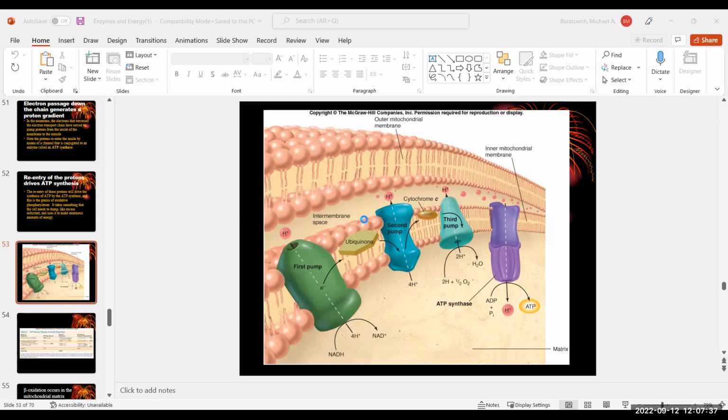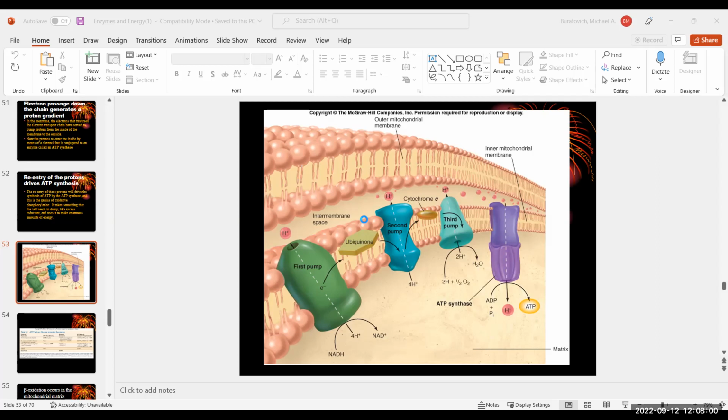Serine is used to make cysteine and glycine. And then Krebs cycle intermediates: alpha-ketoglutarate, which is an intermediate from the Krebs cycle, is used to make glutamate and glutamine and arginine and proline. And this shows you here essentially how you do that.